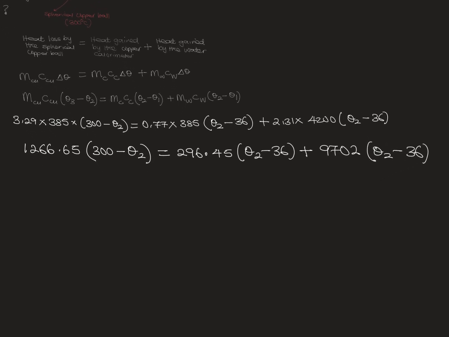So we can expand the bracket. 1,266.65 times 300 gives 379,995 minus 1,266.65 times theta 2, which will be 1,266.65 theta 2.